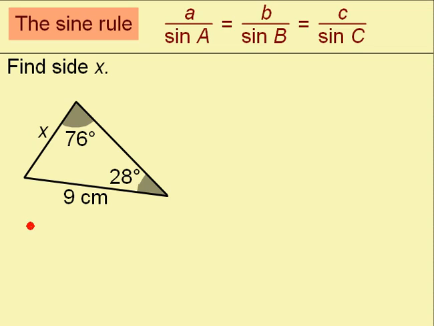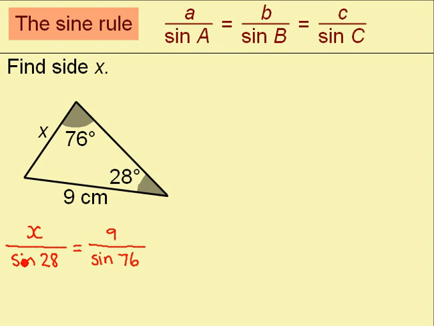I start by writing that down, and that's going to be over the sine of the opposite angle, which is 28. Then that's going to be equal to the other side that I've got, which is 9, over the sine of the opposite angle, which is 76.